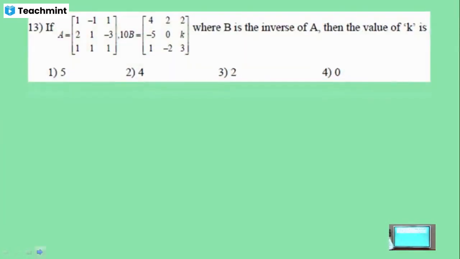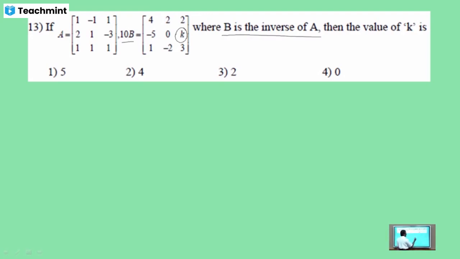Now, if A is equal to this one, and 10 times B equal to this, where B is the inverse of A, then the value of k equal to, we have to find the value of k. Give importance to this statement here. What have they said?